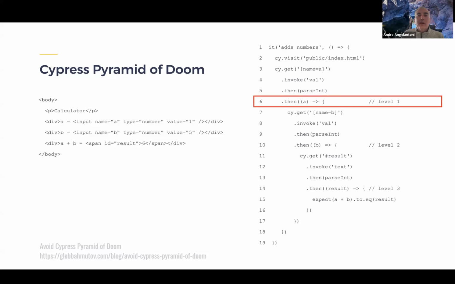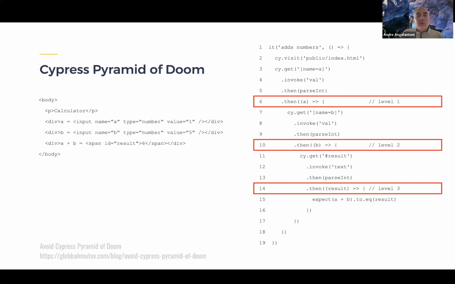Okay, so now you can keep on going. You've got that value. Now you've grabbed the value of the second one on line 10. Okay, now you can keep on going. And then you can compare it to the result, which is the third value. It turns out that that's actually not easy to get rid of, that pyramid of doom.